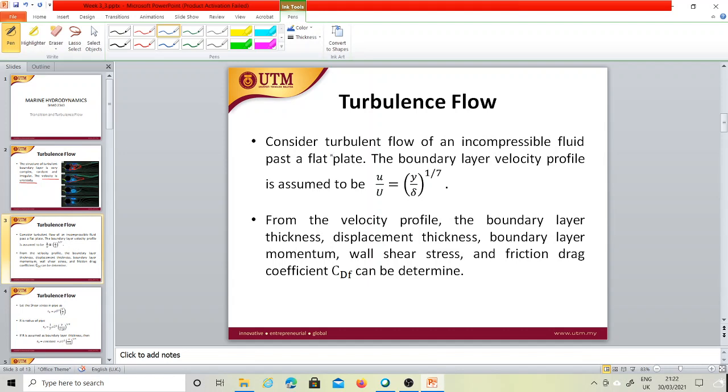Okay, anyway, so next is how the velocity changes. The velocity profile normally, as I said, is non-linear. So normally if we consider the turbulent flow of incompressible fluid, we consider the velocity profile is like this. If you remember in the first or second video, we had this kind of plot. We have u by u infinity.